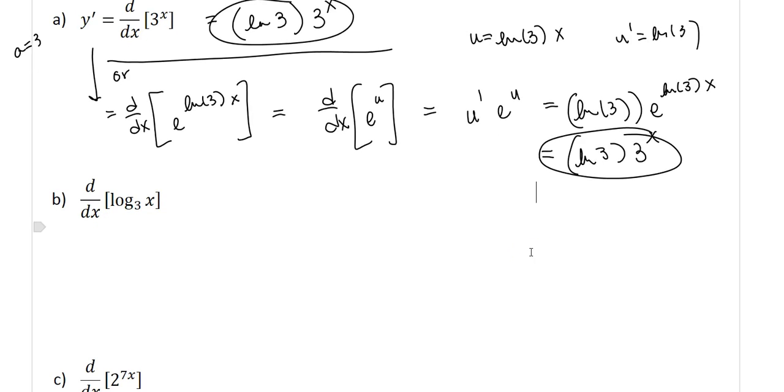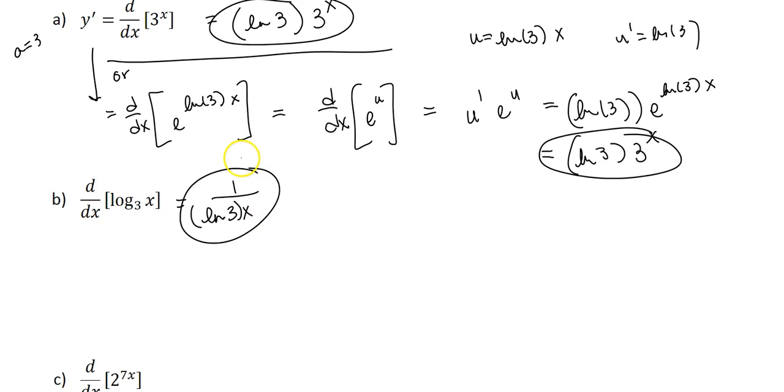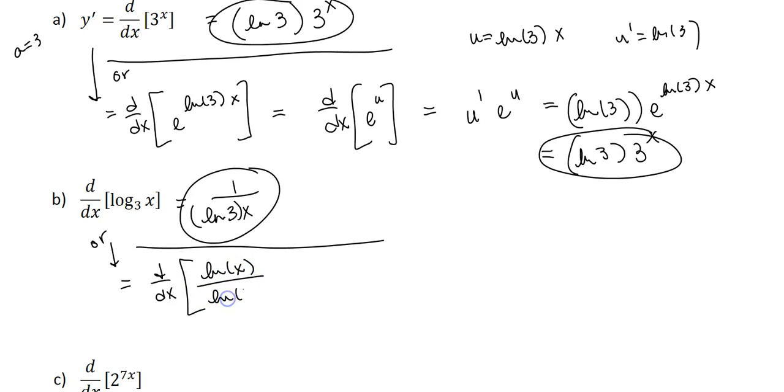Now with this next one, if you wanted to use the formula, you could say that's 1 over natural log of 3 times x, and then you're done. Or if you don't know the formula, this would be the derivative with respect to x of the natural log of x divided by the natural log of 3, using that change of base formula.